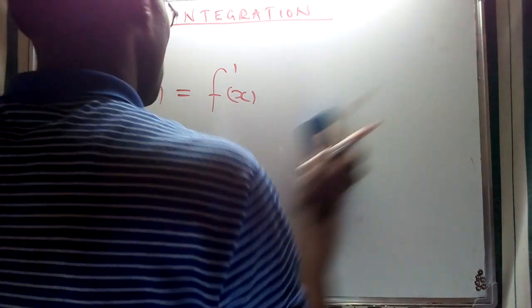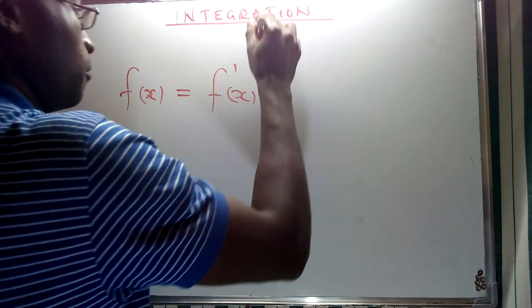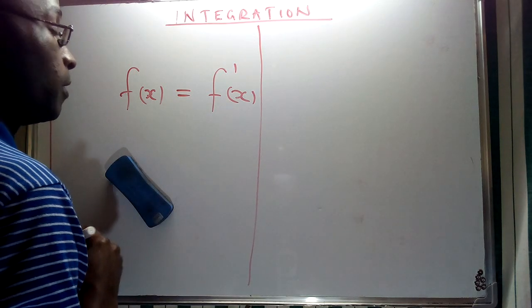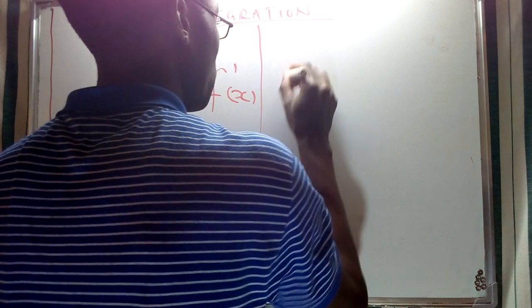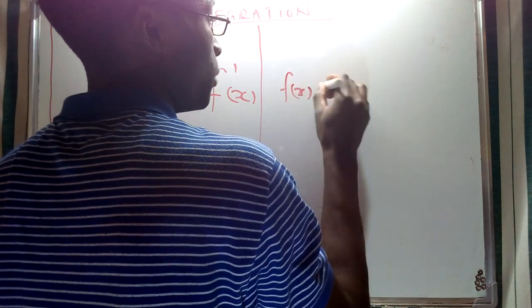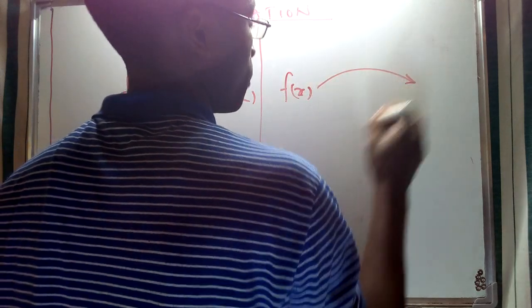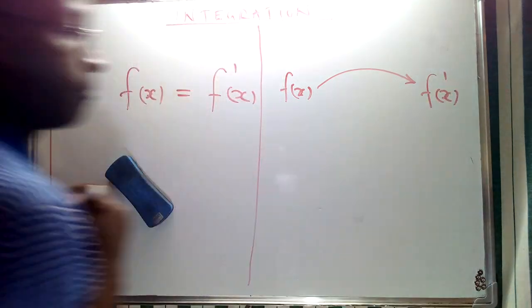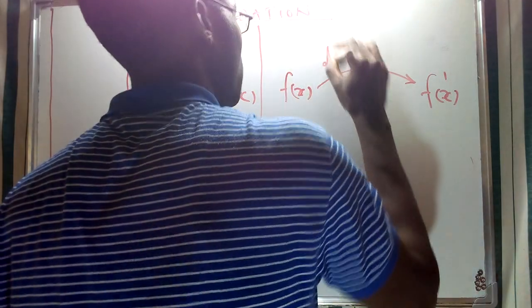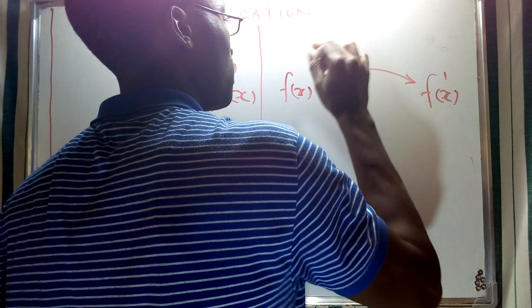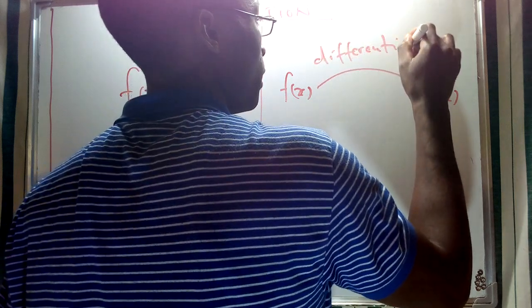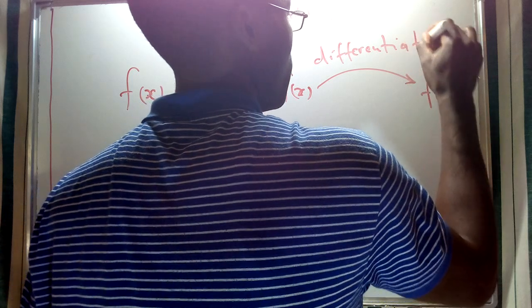So I can give an illustrative way of trying to visualize this aspect of differentiation, whereby we're going to have this f of x being transformed through this process of differentiation to another function, which is f prime of x.